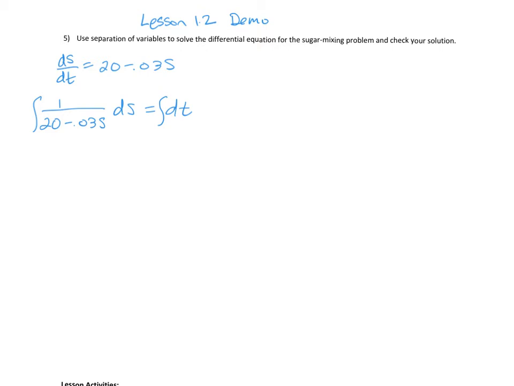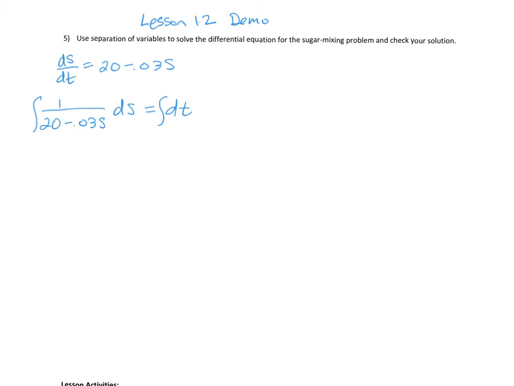All right, so the left side, I'll have to do a u substitution. I'm not going to write out all the work just to save space, but you would let u be 20 minus 0.03s, and then calculate ds and substitute in.